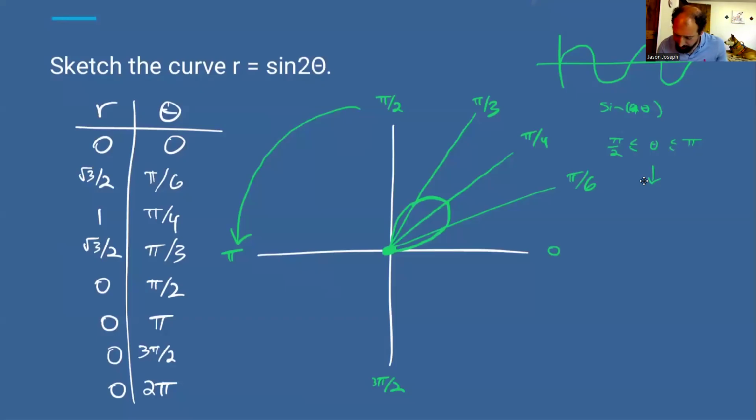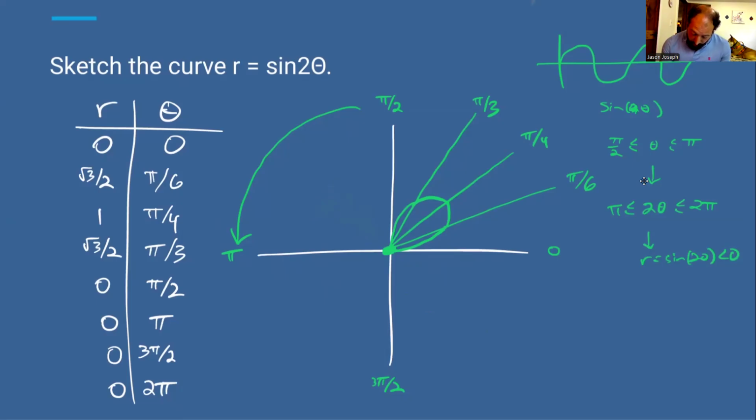So as theta ranges from pi over 2 to pi, 2 theta ranges from pi to 2 pi. This is where sine is negative. So that means my r, which is sine of 2 theta, is negative for those thetas, which means instead of seeing the graph over here, you're going to see it over here in quadrant 4.